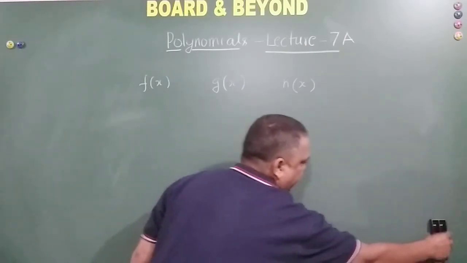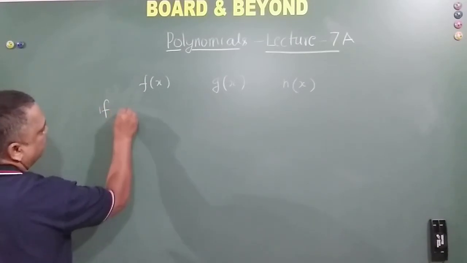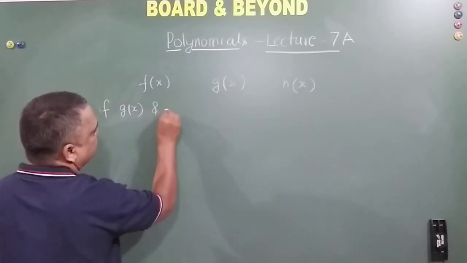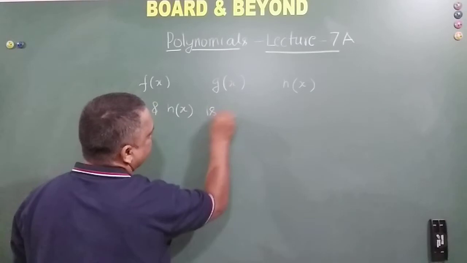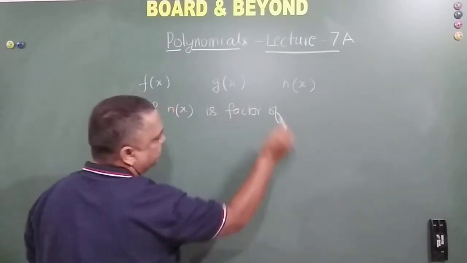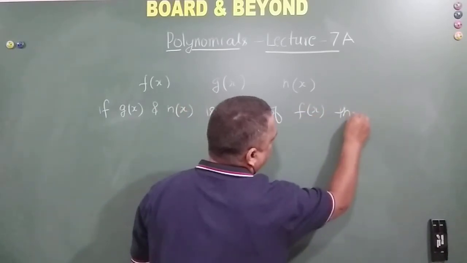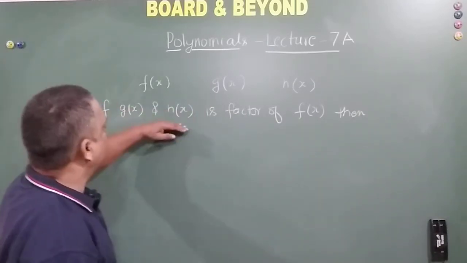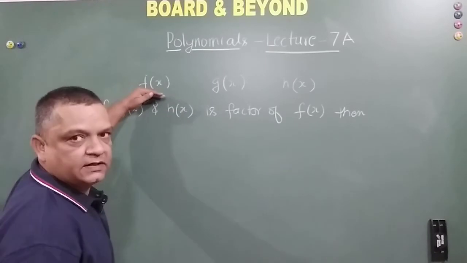Let me write it on the board. If g of x and h of x is a factor of f of x, then so these two, g of x and h of x are factors of f of x, right?